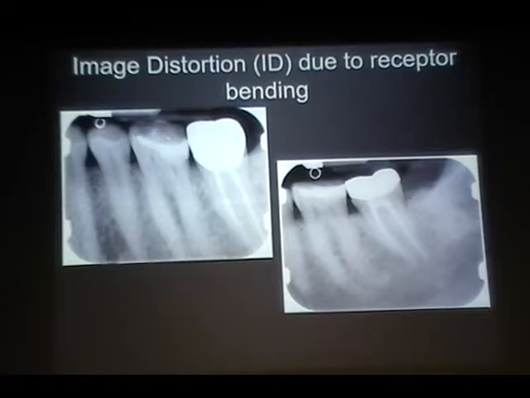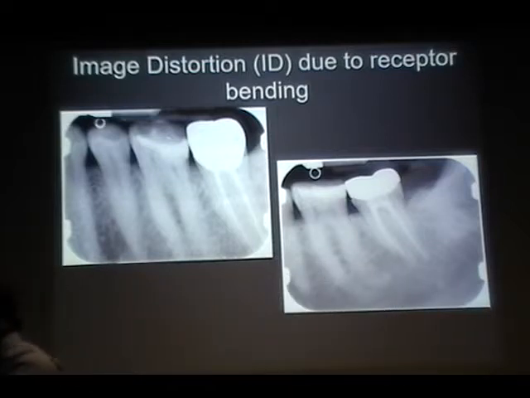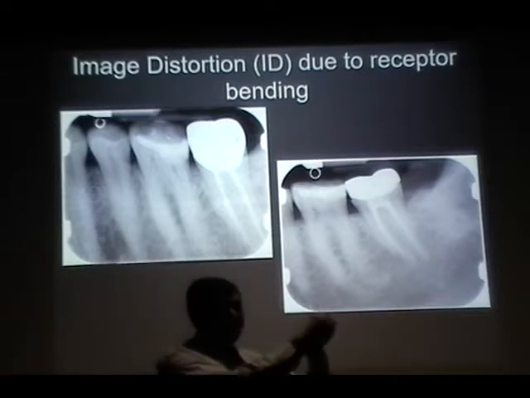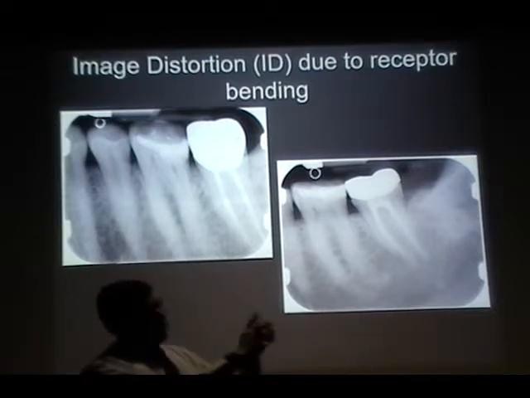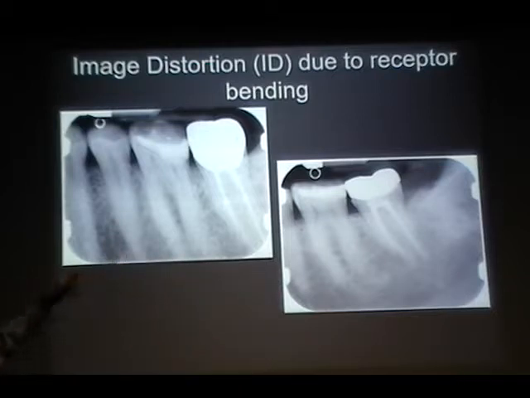Not so much with our direct digital sensors, but if you're using a film, it is pretty much like this one, so you can mold it and place it in the patient's mouth. It's a little flexible, basically. So when you place something like this in the patient's mouth, this bending portion can cause elongation of the tooth.